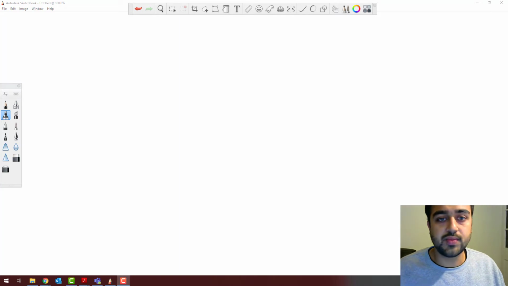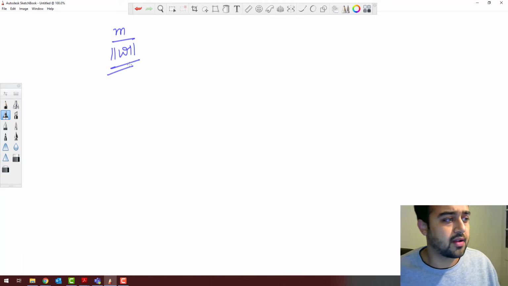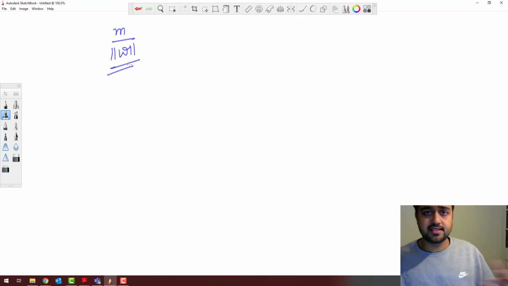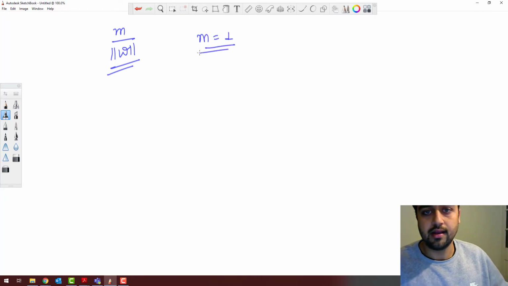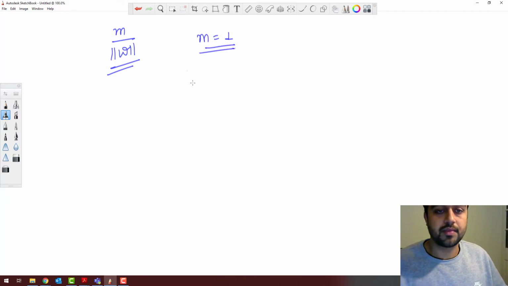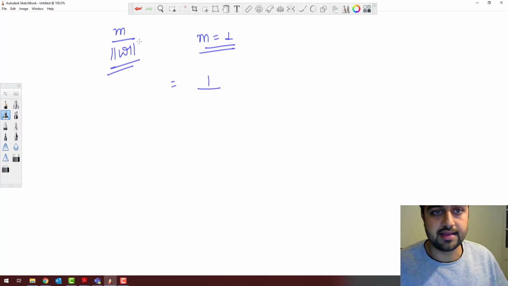It's customary to choose m equal to 1. So if we want to maximize the margin and we take m as equal to 1, we would want to maximize 1 by mod w.